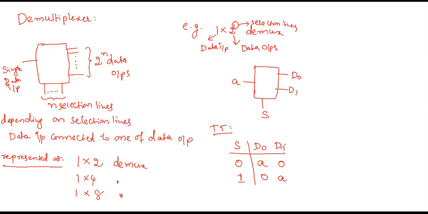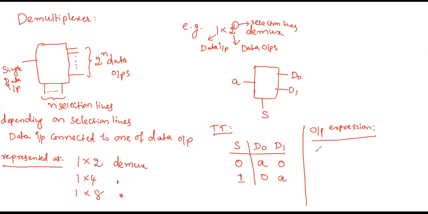Now write the output expression. We have the two outputs D0, D1.